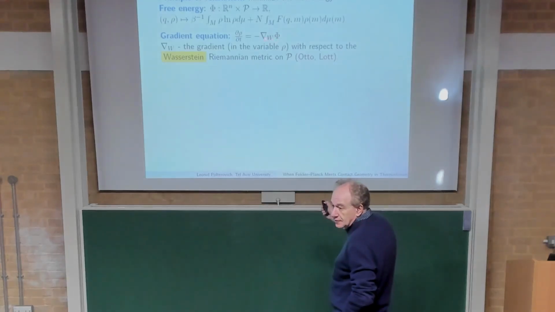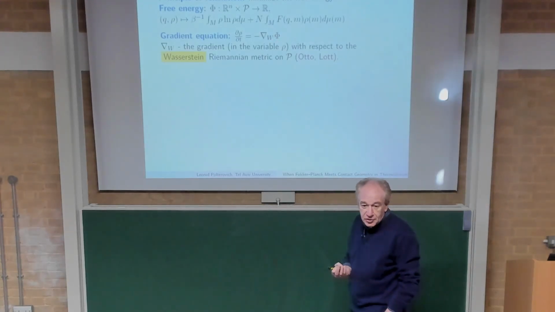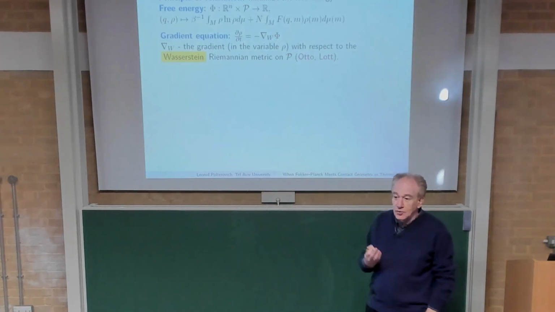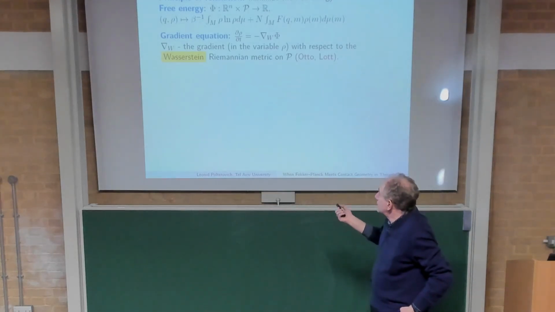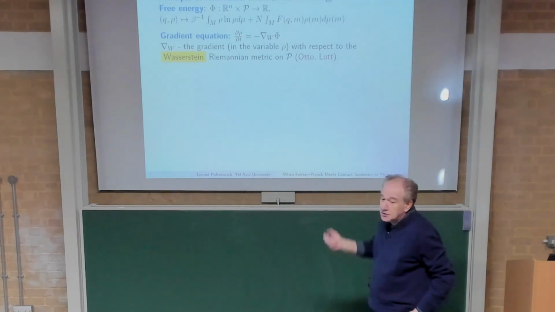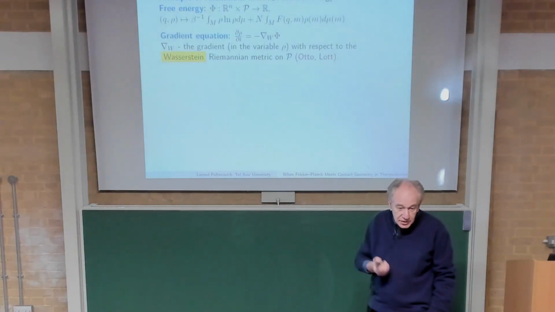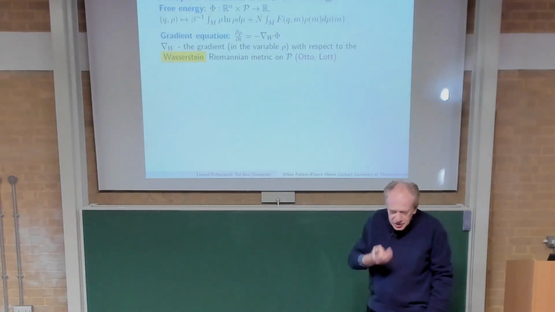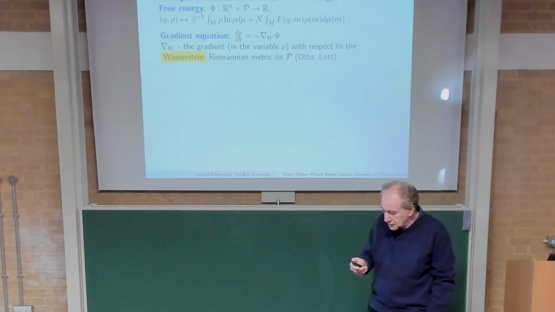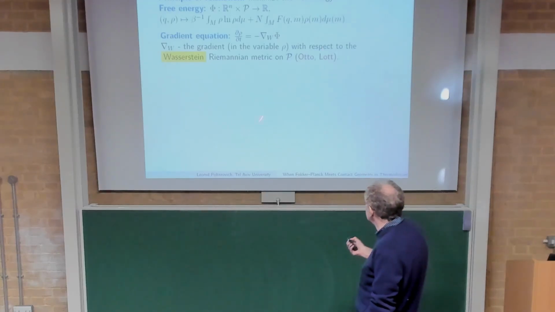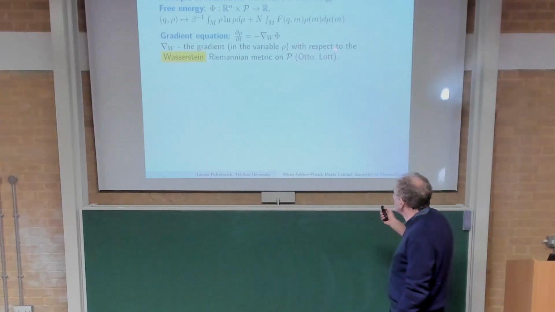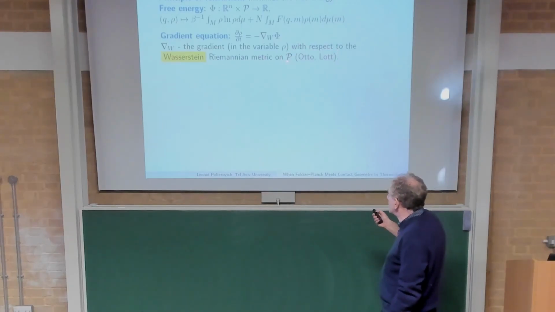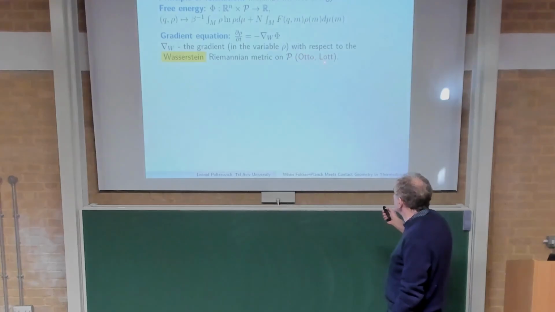Okay. But here comes the following question. Well, I wrote this gradient, yeah, but this gradient should be on the space of densities. And so which measure, which metric do we consider on the space of densities? And the answer is that we consider the gradient with respect to the variable rho with respect to the Wasserstein Riemannian metric on this space of densities, and this was developed by Otto and Lott.